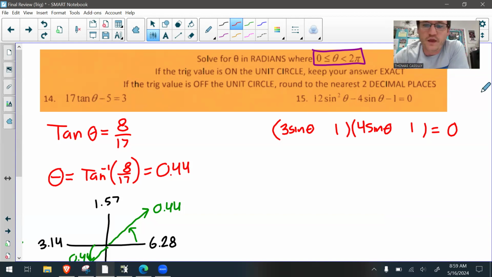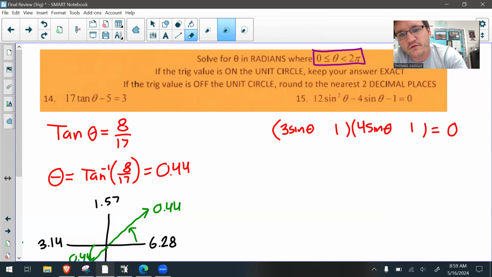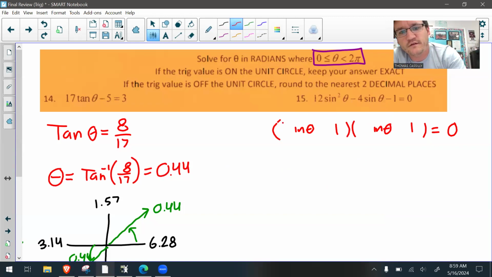Because 3 sine of theta times 4 sine of theta gives us that 12 sine squared of theta. When we add these two things together, we need to get a -4. So just by looking at that, I know these are the wrong answers. So let's try something different. I'm going to try 6 sine of theta and 2 sine of theta.